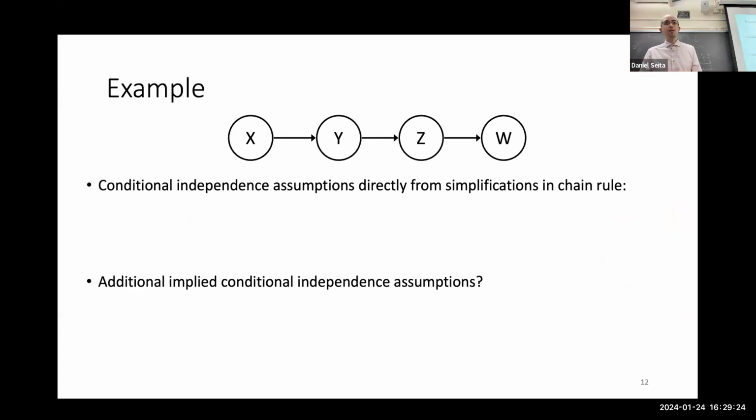All right, so here's an example. Everyone knows how to write out the joint probability. If I ask you the probability of x, y, z, w, the joint probability, how do you factorize this? And when you do factorize it, can you also think about what are the additional implied conditional independence assumptions? We're looking for statements of the form, this is conditionally independent of this given this third thing.